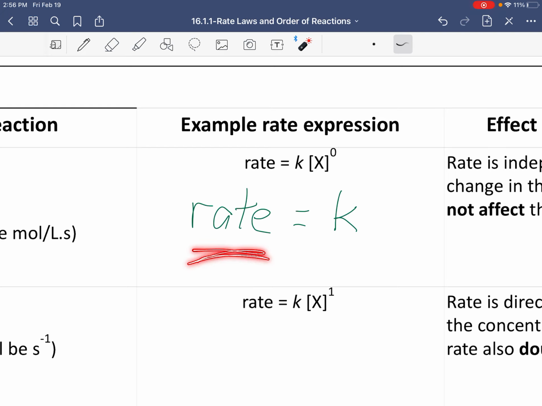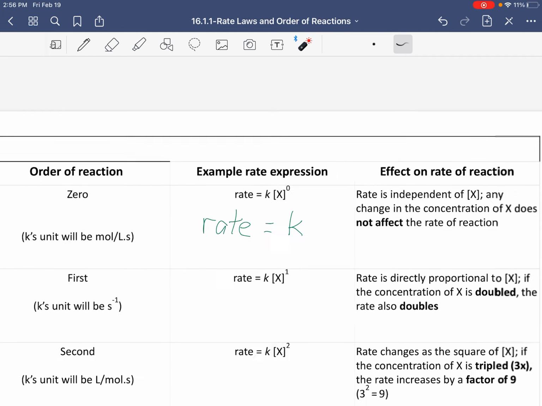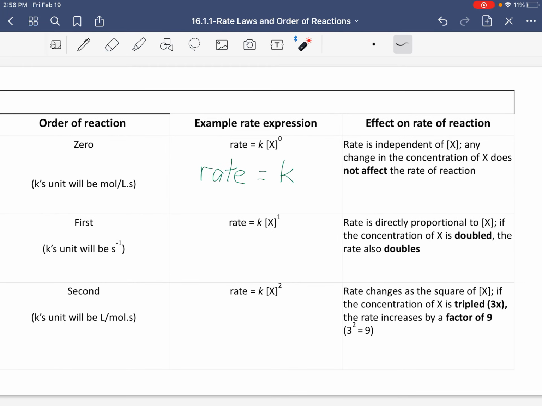The speed of this reaction is exactly what the rate constant is going to be. So in this case, we say in the description right here, the rate is independent of X. It has nothing to do with the concentration. Changing the concentration will not speed up this reaction.